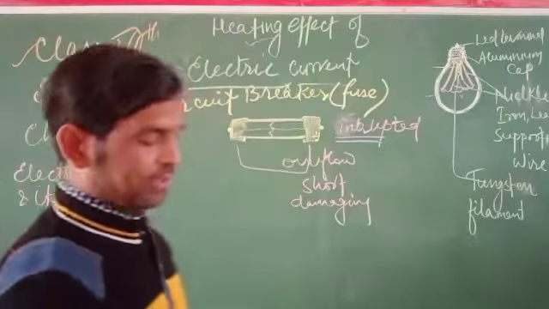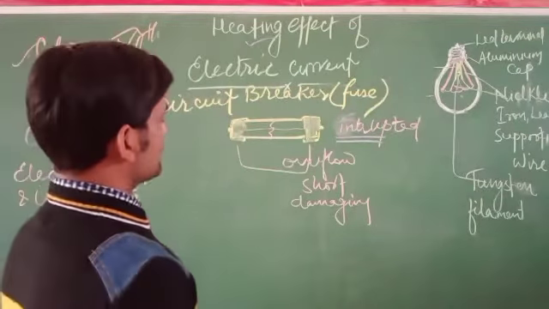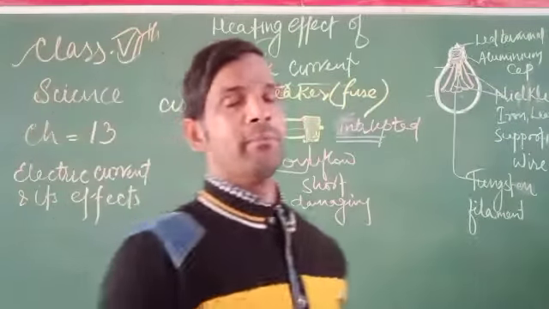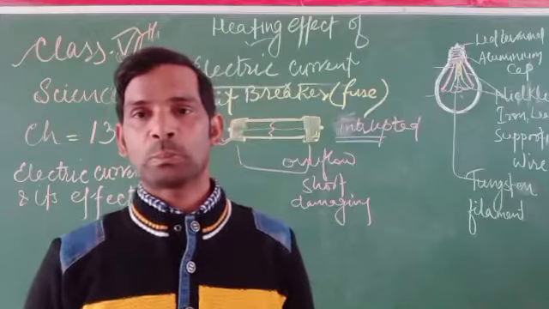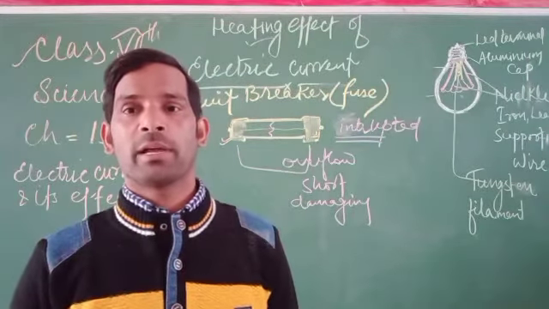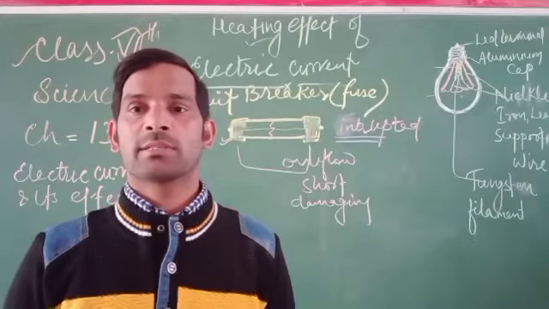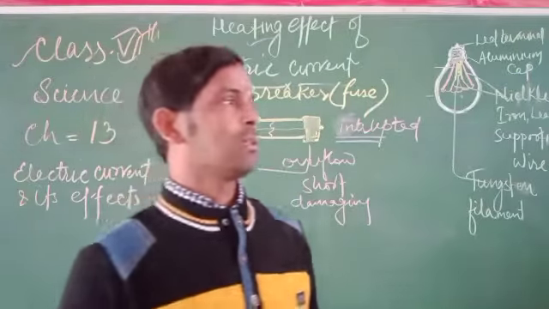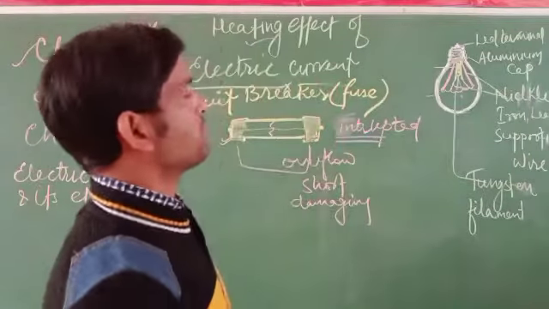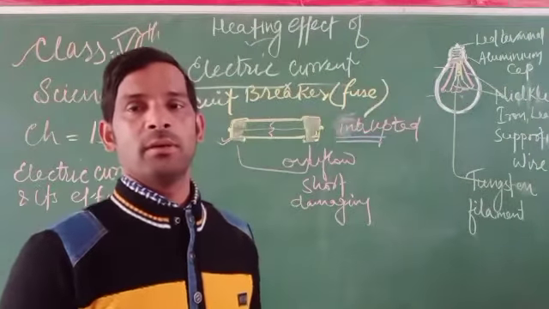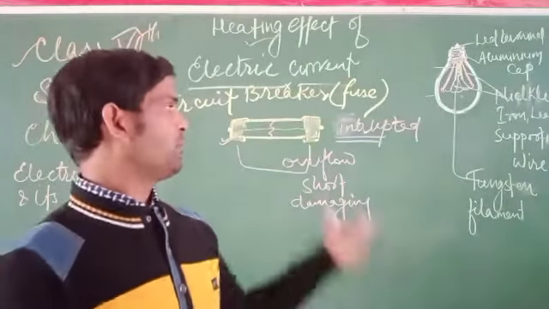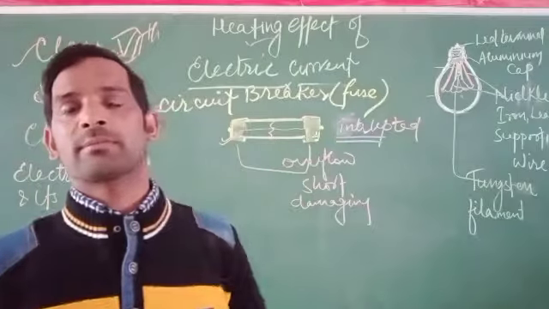In another form, this is a single unit. When it is formed in a number, it is also called a circuit breaker, but it is formed as an MCB, a miniature circuit breaker, in which a number of fuses are put together.